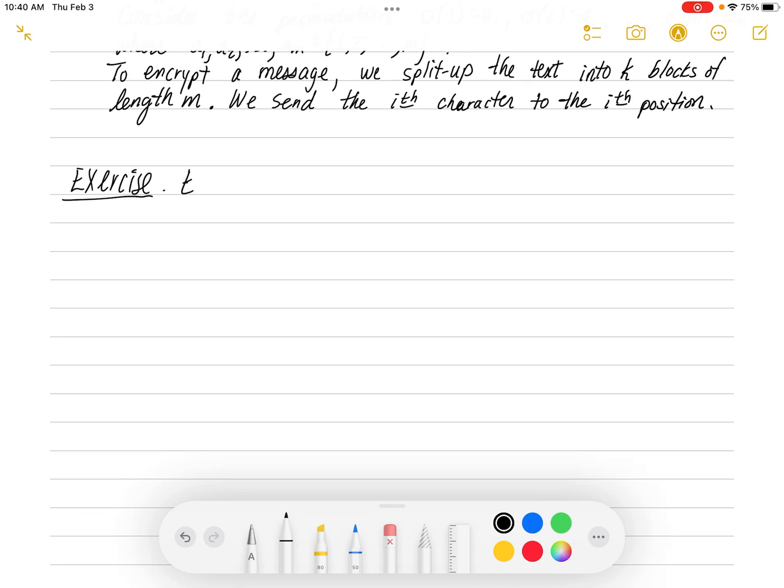Encrypt the message flee at once. Flee at once.